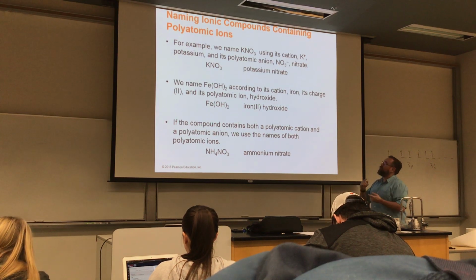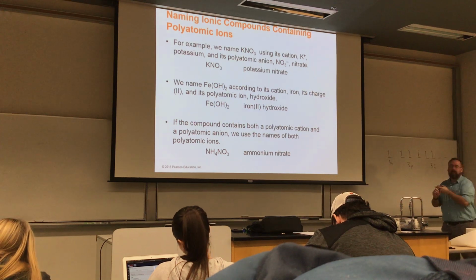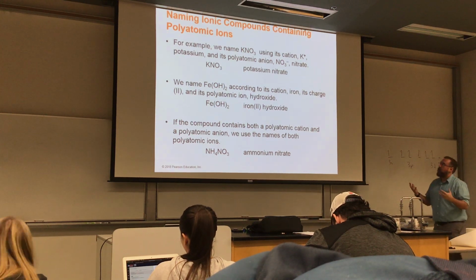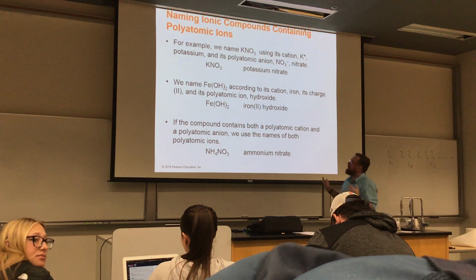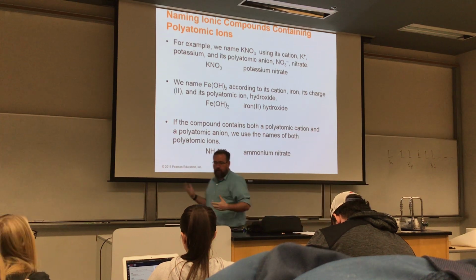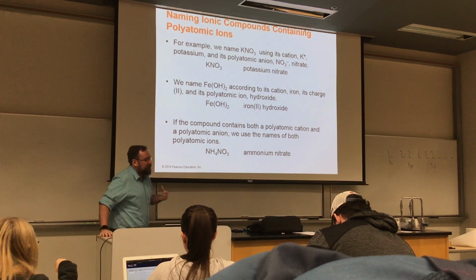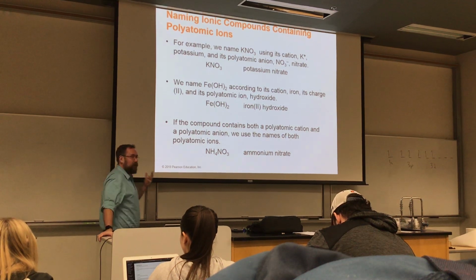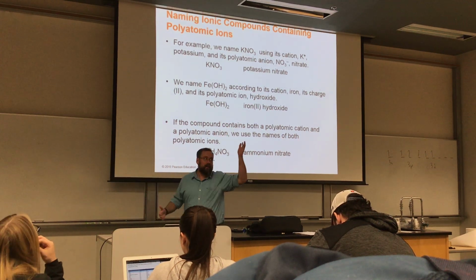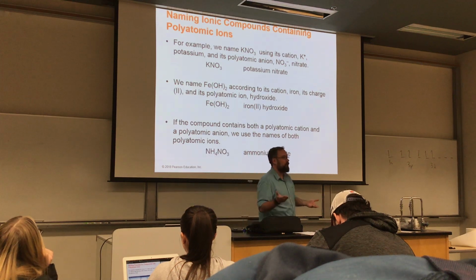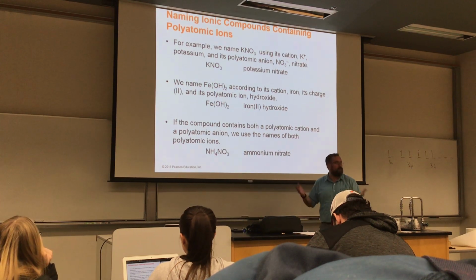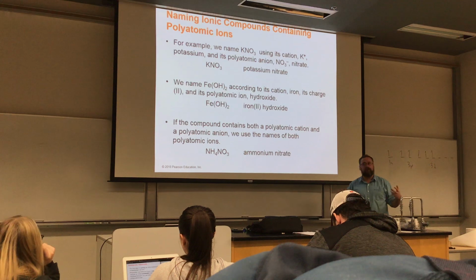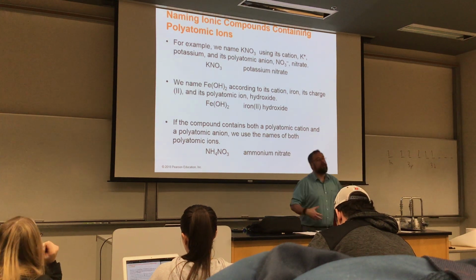As we saw, naming ionic compounds containing polyatomic ions. For example, if we have KNO3, what we need to start recognizing is we're mixing a metal with a polyatomic anion. The NO3 is going to be part of our pattern recognition, or the NO2, or any of those.